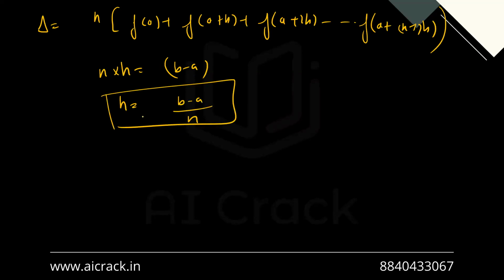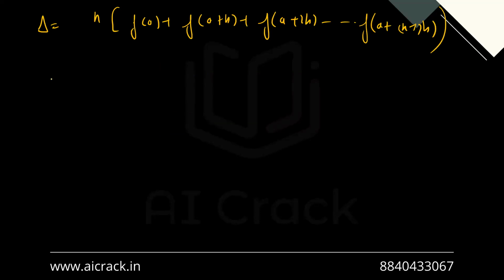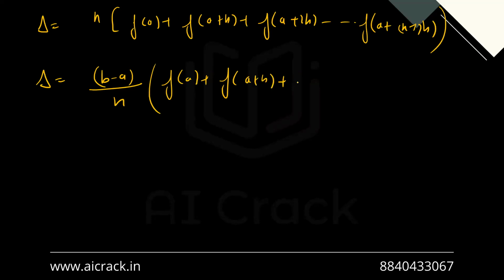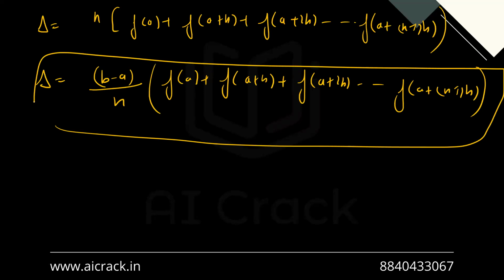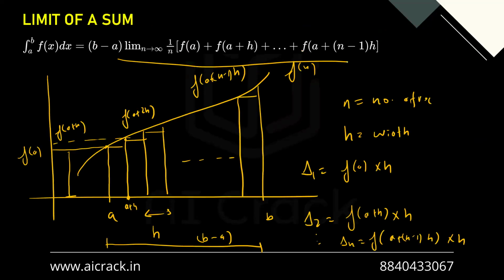Agreed. Now we have to use this over here. So delta comes out as (b-a)/n multiplied by [f(a) + f(a+h) + f(a+2h) + ... + f(a+(n-1)h)]. Okay. So this is what has been written over here.